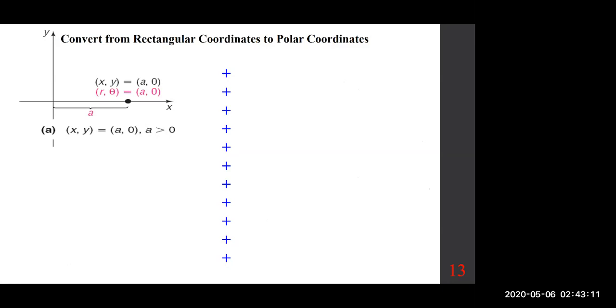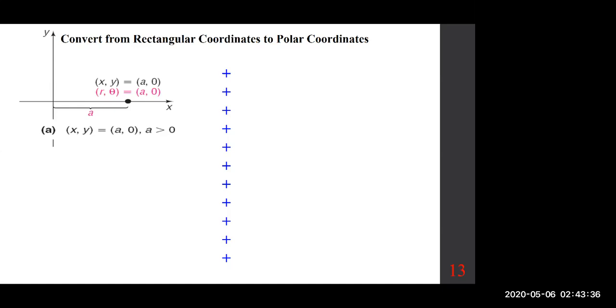If the coordinates are x comma y as a, 0, that means the point belongs to the positive side of the x-axis, class, and it's a units away from the origin, so x comma y becomes a comma 0. Everybody knows that, right?